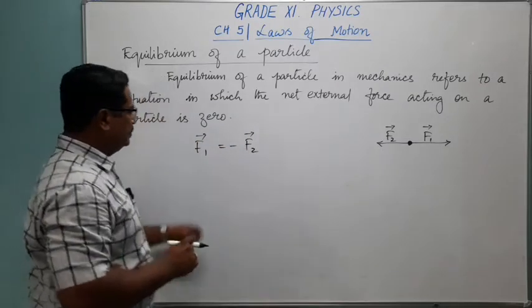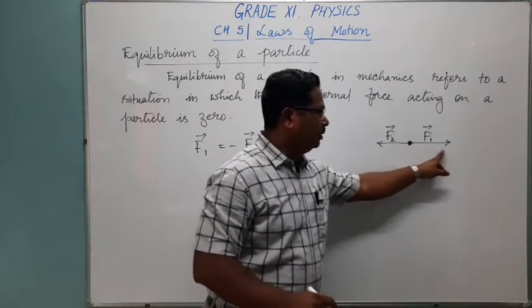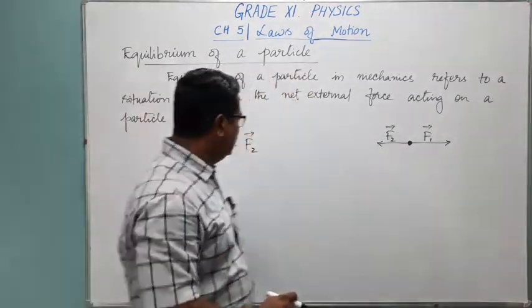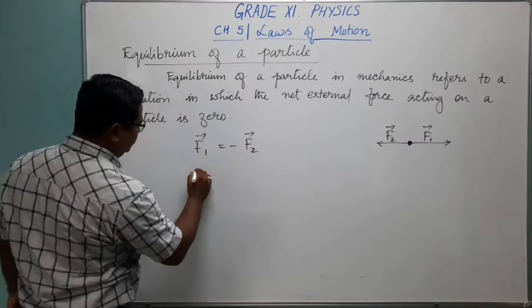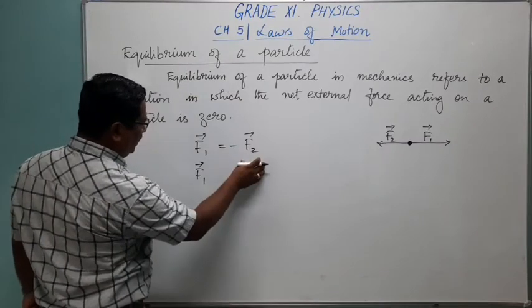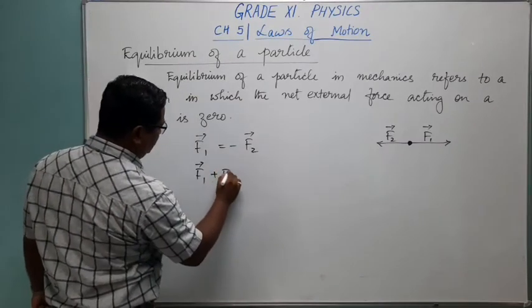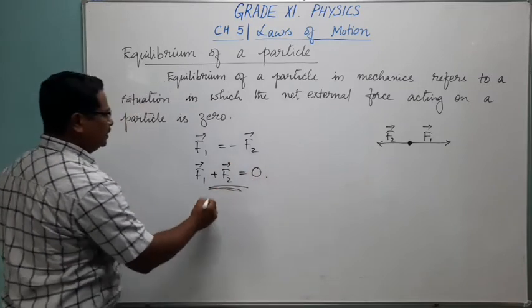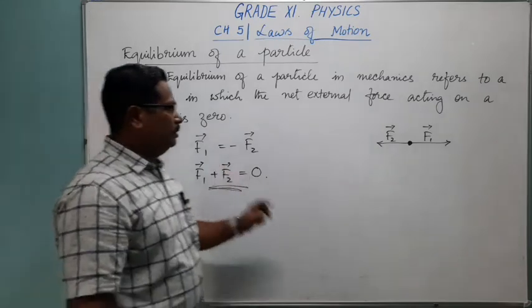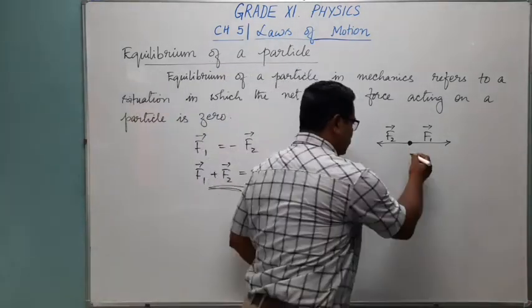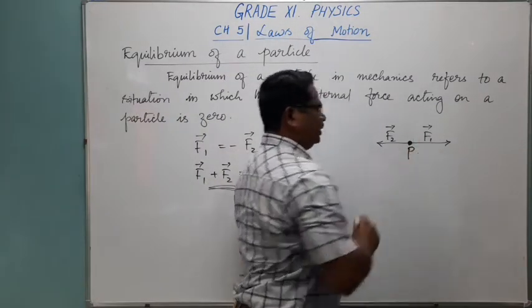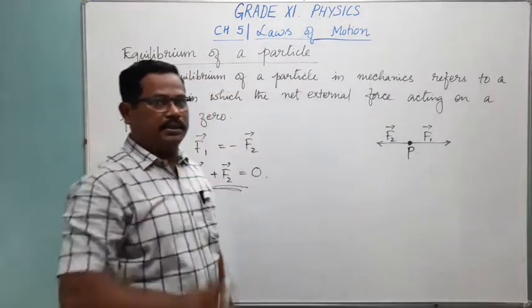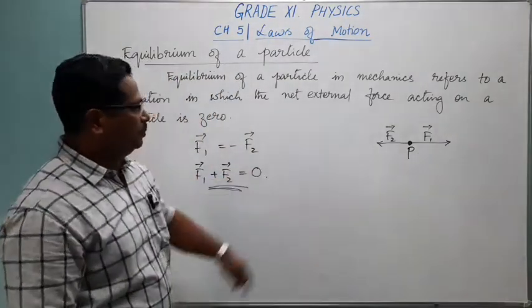Both forces F1 and F2 are equal and opposite. Then the net external force F1 plus F2 is equal to 0. So the net external force will be 0 and the body will not move anywhere. Suppose this is the body P. Then we'll say that the particle is in equilibrium. This is for a two force system.